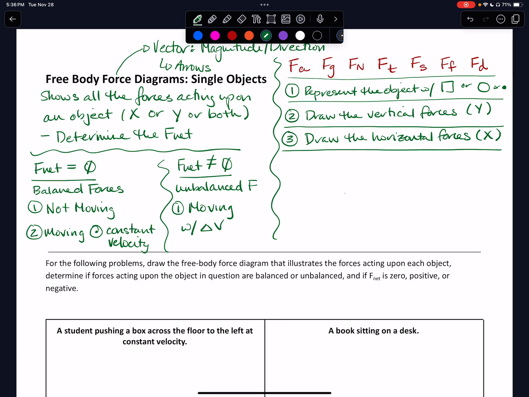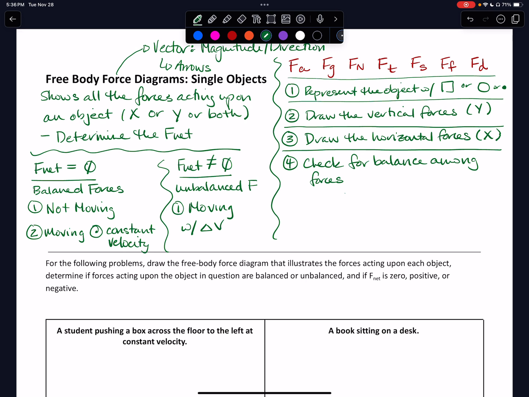Once we've drawn in our forces, then we need to look at them. So we're going to check for balance among the forces. Now, for forces to be balanced, they have to have the same magnitude but opposing directions. So that means that forces in the Y direction cannot balance forces in the X direction and vice versa.